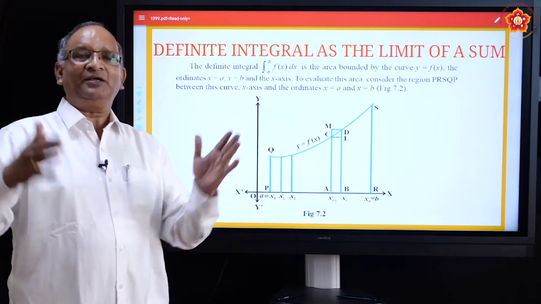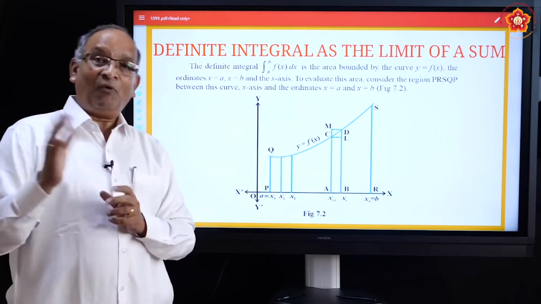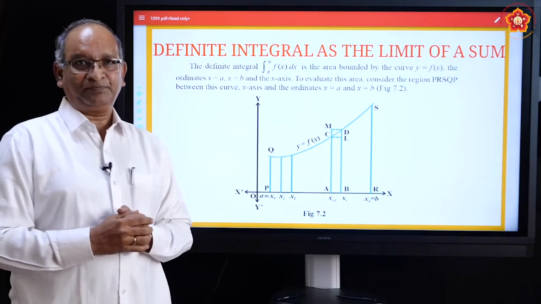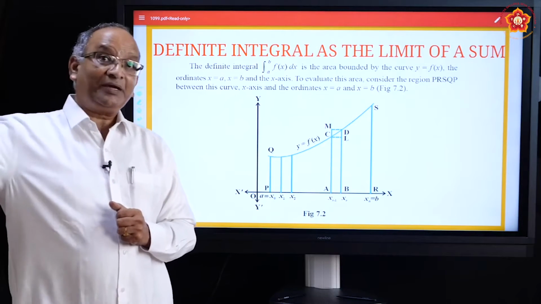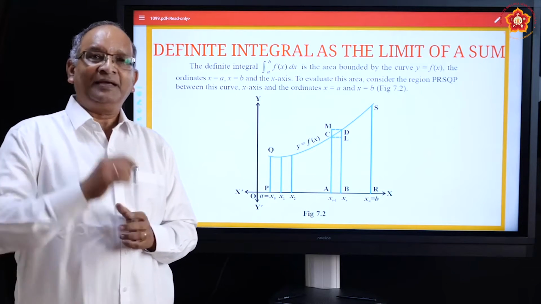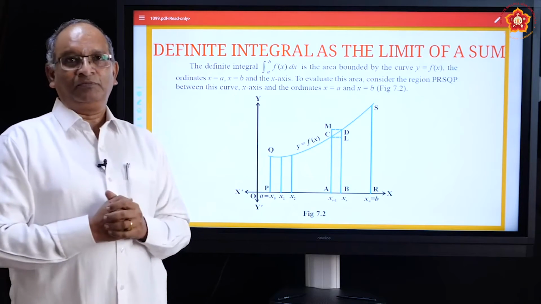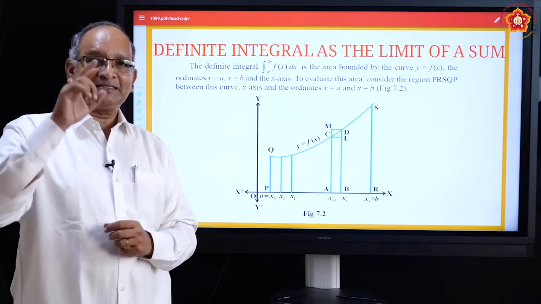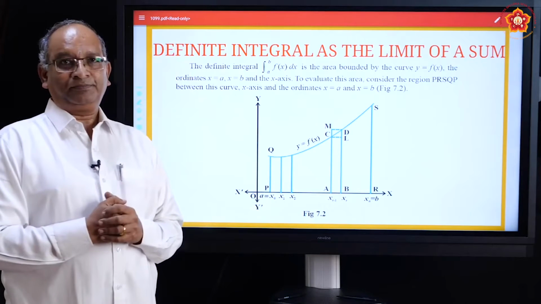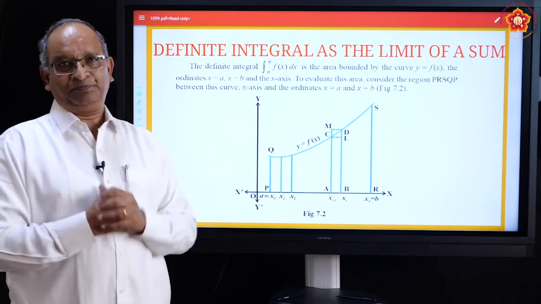If N is 100, you get 100 strips. If N is 10,000, you get 10,000 strips. What will keep changing? The width of the strip will keep changing. If N tends to infinity, meaning N is a very, very large number, the width of the strip will be almost close to 0. So what is h? It is (b minus a) by N. If N tends to infinity, h tends to 0.